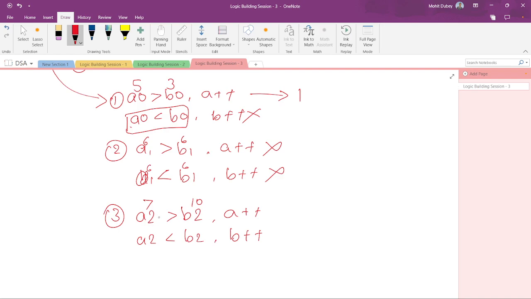Is 7 greater than 10? No, 7 is less than 10, so this will not happen. Hence a2, 7, is less than b2. Yes, so this will happen, and that's how Bob will be getting 1 point. So Bob 1, and from here Alice is also 1. So at the end we are getting the output as 1 1.